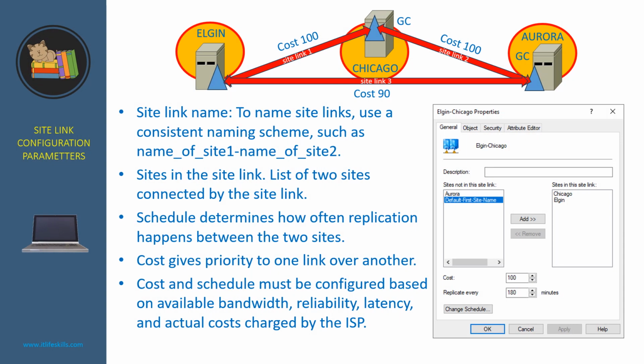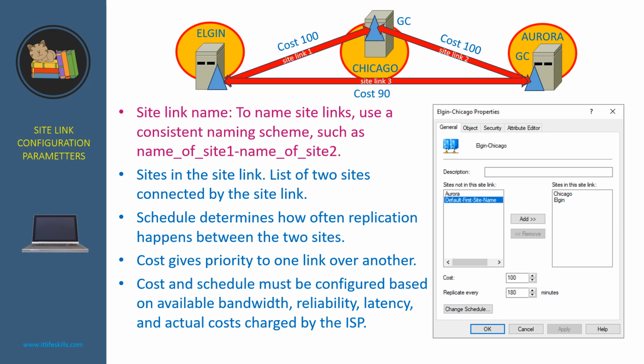To configure a site link, we need to prepare four parameters. The first parameter is the site link name. To name site links, we should use a consistent naming scheme such as name of site 1, dash, name of site 2.